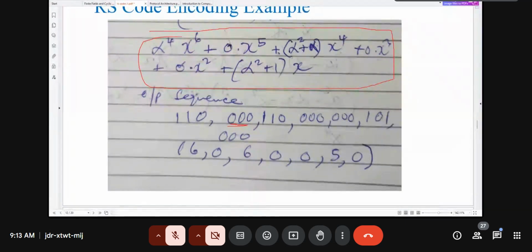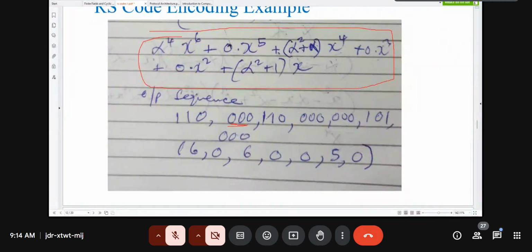X to the 4 is 0, so there's 0. X to the 5, x is alpha squared plus 1. So alpha is 0, so it's alpha squared plus 1. And the last one, of course, since there is no 1, it means that one is 0, 0, 0.